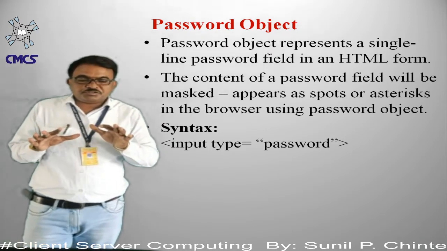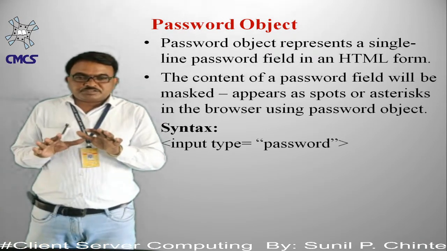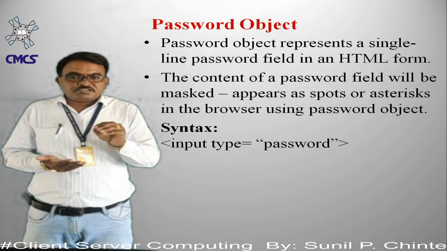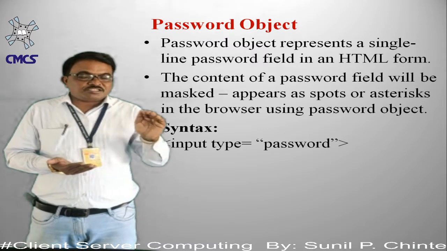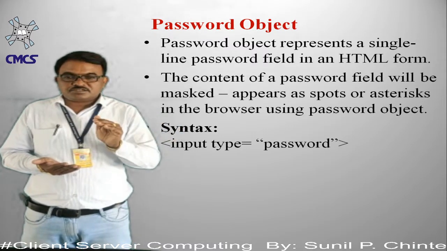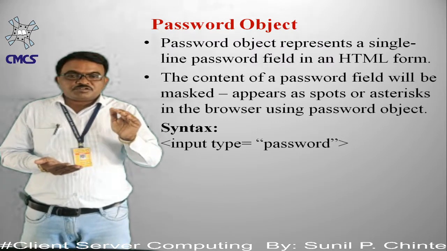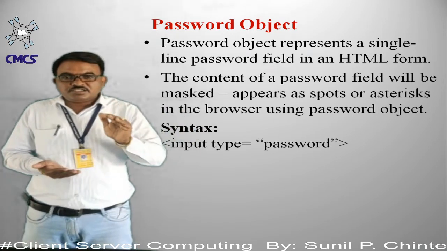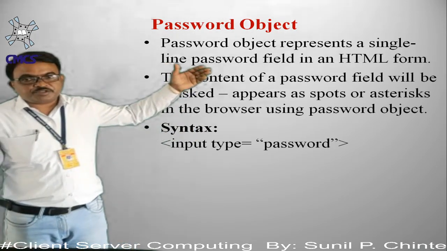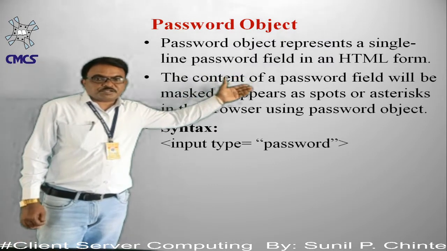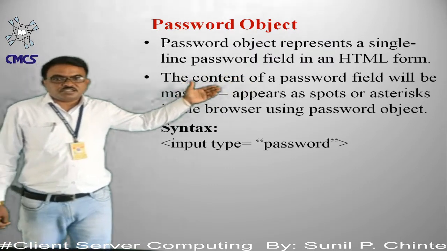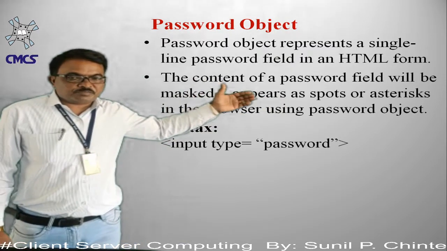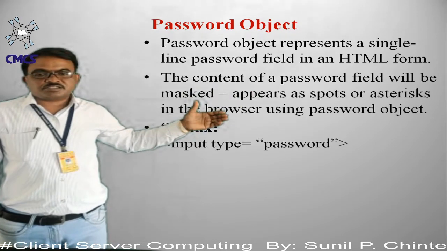If you want to use password fields, as you know, the password field entries don't display as they are; they are masked. They are visualized as different characters, just like asterisks or dots. So the password object represents a single line password field in an HTML form.